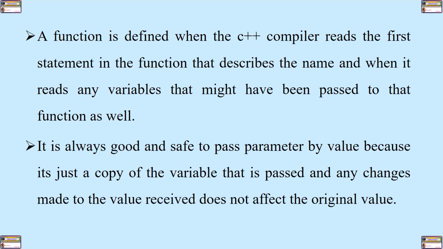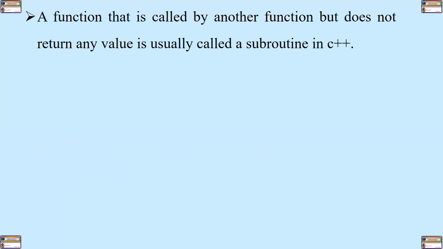If you pass by reference, you are sending a memory location containing a value to another function, so any change made by that other function will affect the value in that memory location. So it's always good to pass a copy of what is contained in the memory location to another function so that you preserve the original value without operation.